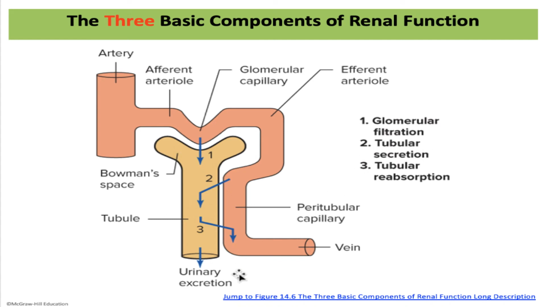And then finally, you can reabsorb material back out of the tubule into the blood system, and that's called tubular reabsorption. So these three forces may be working, may not be working, or may be working in some combination on any single component that the kidney is trying to regulate.